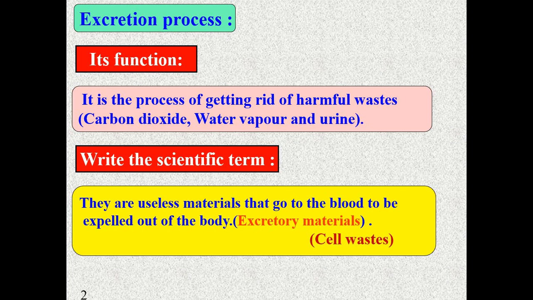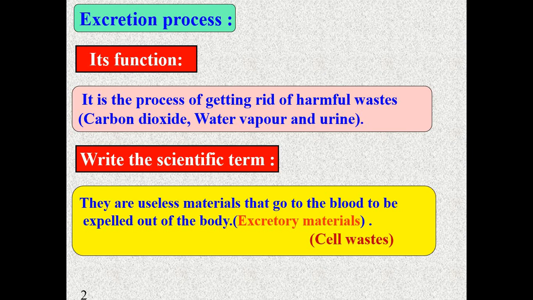So what are the excretory materials? They are useless materials that go to the blood to be expelled out of the body. We said that from the circulatory system, blood takes digested food and oxygen to the cell, and collects wastes.